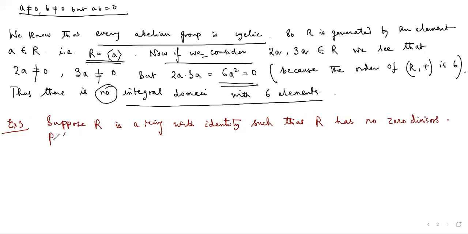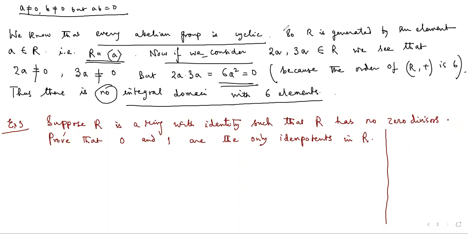Prove that 0 and 1 are the only idempotents in R. Can you recall the definition of idempotent?